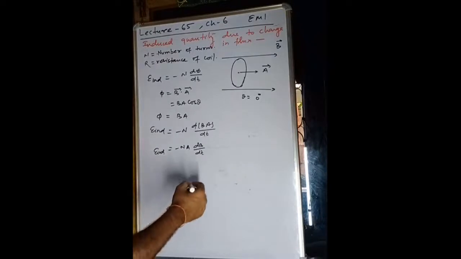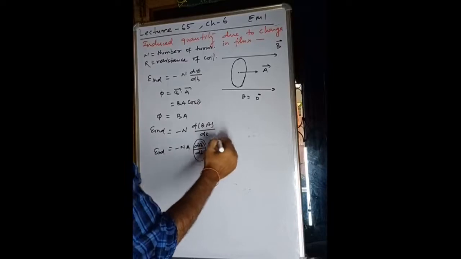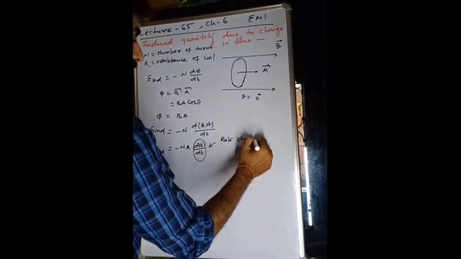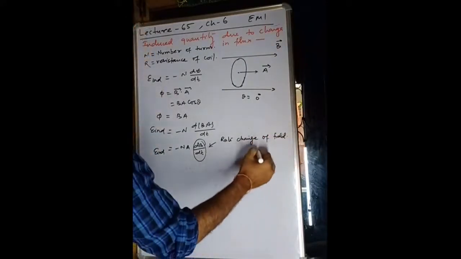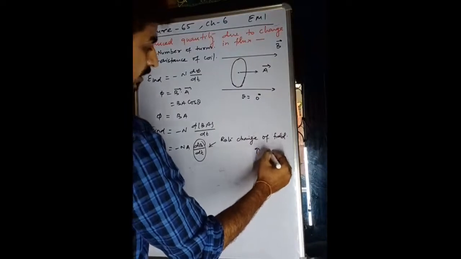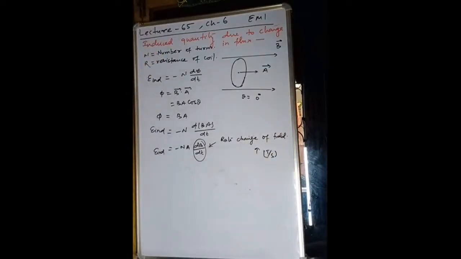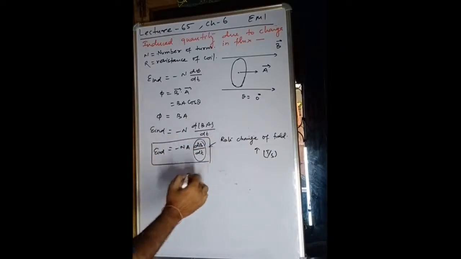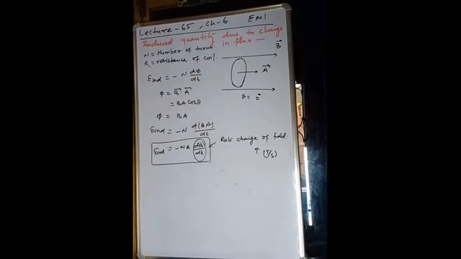Okay my dear students, now remember this dB by dt is the rate of change of field. Which field? Magnetic field. And the SI unit will be Tesla per second, if it is given in the question. So in this way you can find one quantity due to change in flux. Of course, if the magnetic field is changing, the flux will change.